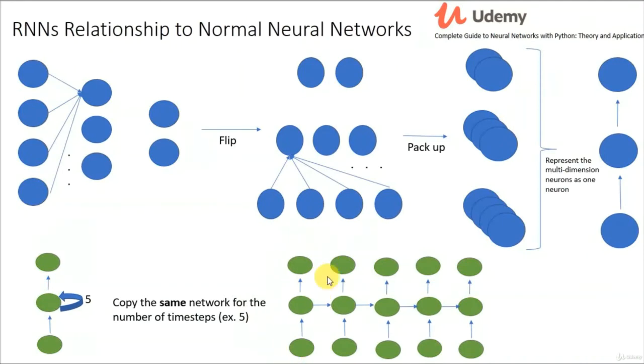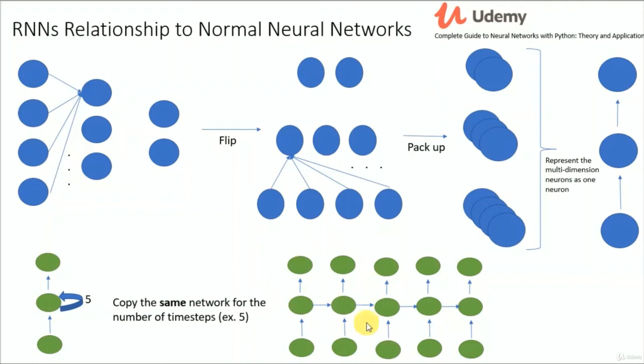Each one of these is just a neural network, which is this neural network over here. So it's just multiple copies of this neural network. Each one receives a different input at every time step, as well as the previous hidden state. For example, this neural network receives this input over here, and the hidden state from the previous neural network.